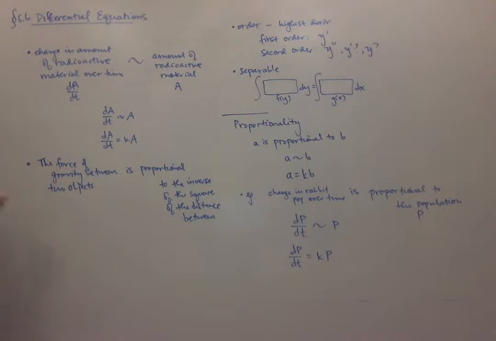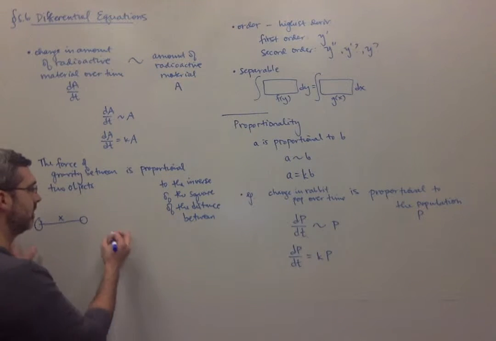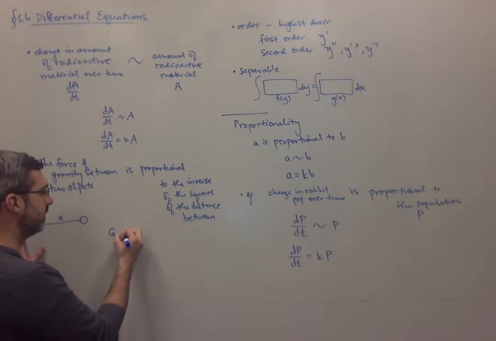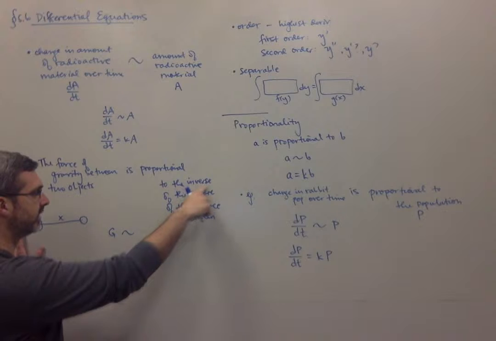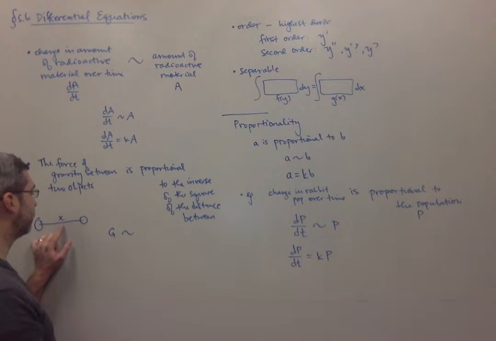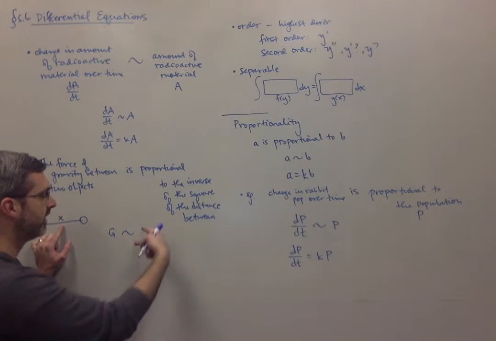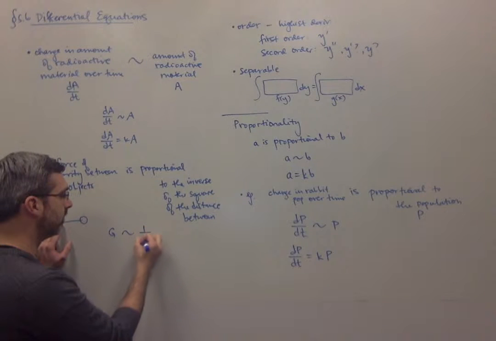In other words, if I have two objects and a distance between them, let's call that x, the force of gravity, G, is proportional to, let's skip inverse for a second, the square of the distance. So that would be x squared. The inverse is 1 over x squared.